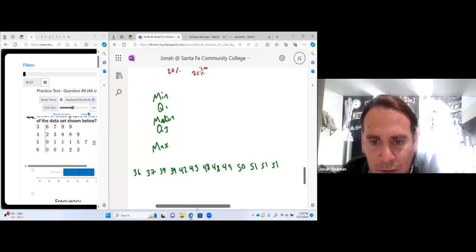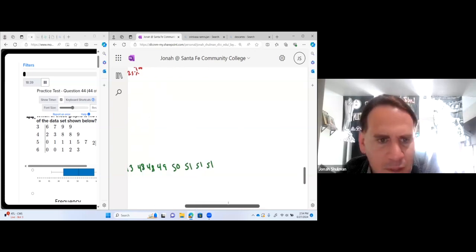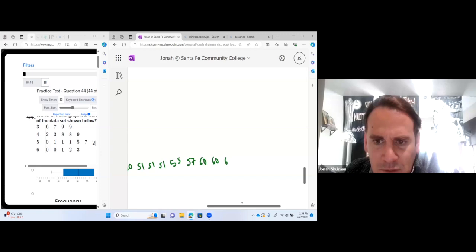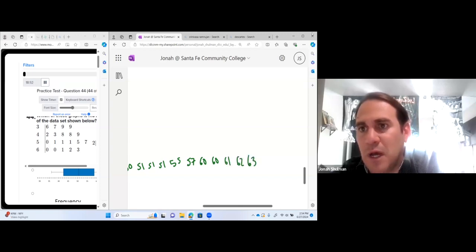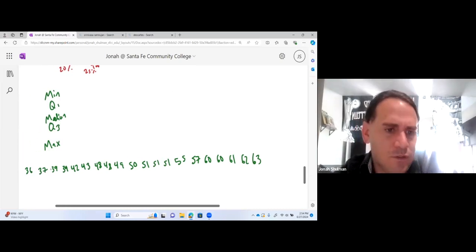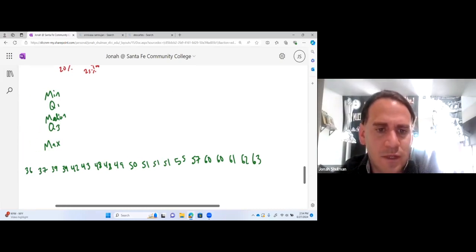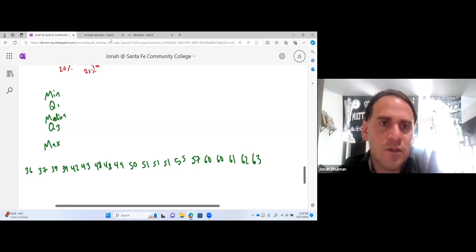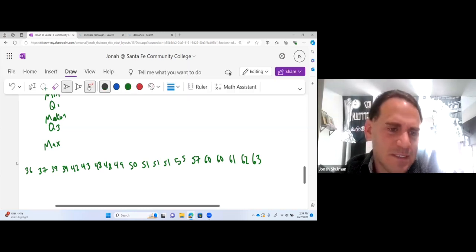Keep going. 55, 57, 60, 60, 61, 62, 63. All right, so I'll show you how to make this box plot. So these are all the numbers. Let's double check. 1, 2, 3, 4, 5, 6, 7, 8, 9, 10, 11, 12, 13, 14, 15, 16, 17, 18, 19, 20. Sweet.